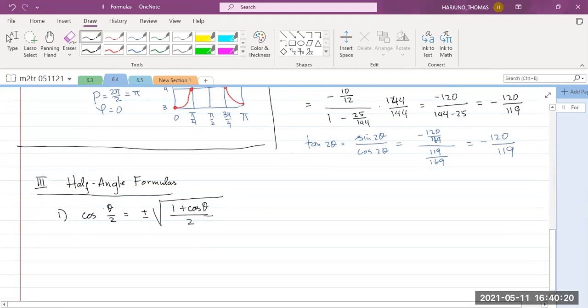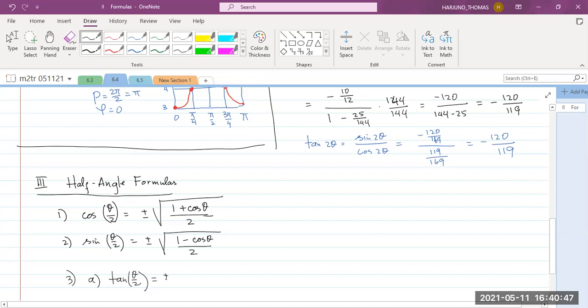The second one, for the sine: sine theta over 2 equals plus or minus the square root of 1 minus cosine theta over 2. So the over 2 is included in the square root. And third, tangent theta over 2 is plus or minus the square root of 1 minus cosine theta over 1 plus cosine theta.